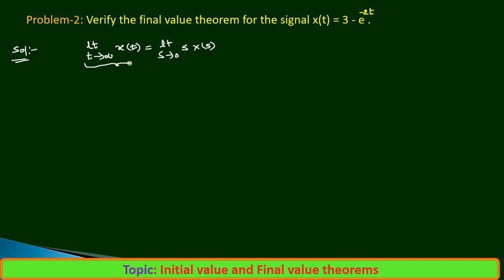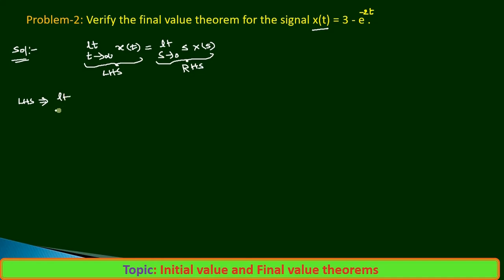We find the LHS first, the left part, and then the right part of this expression, and we compare these two values. If these two values are equal, then we say the final value theorem is verified for the signal x(t).